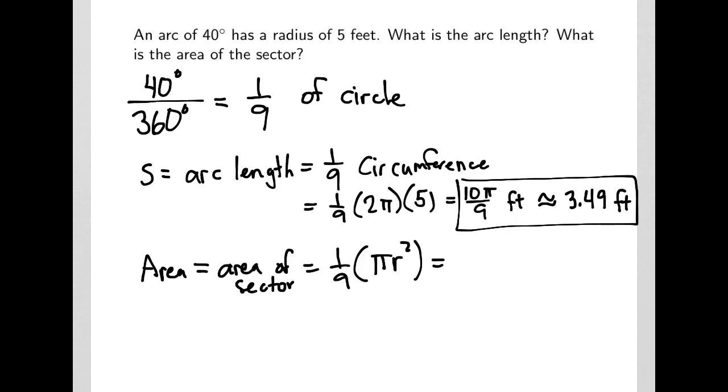For us, our radius was 5, and so we'll get 25 pi over 9 square feet. And in decimal value, using the value pi is approximately 3.14159265, we can find that our area is approximately 8.727 square feet.